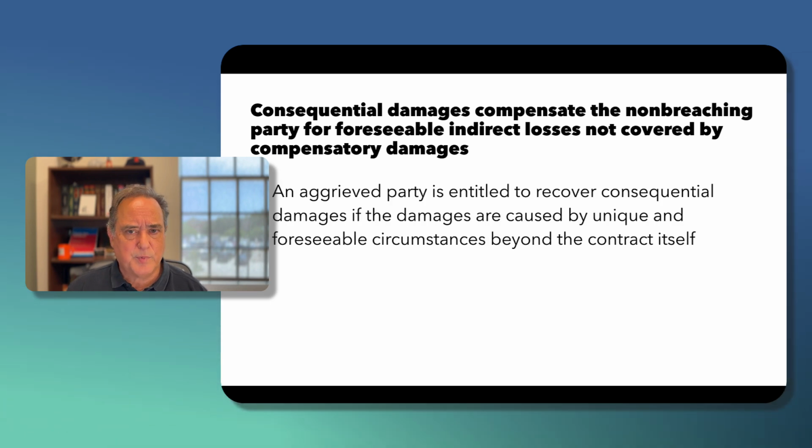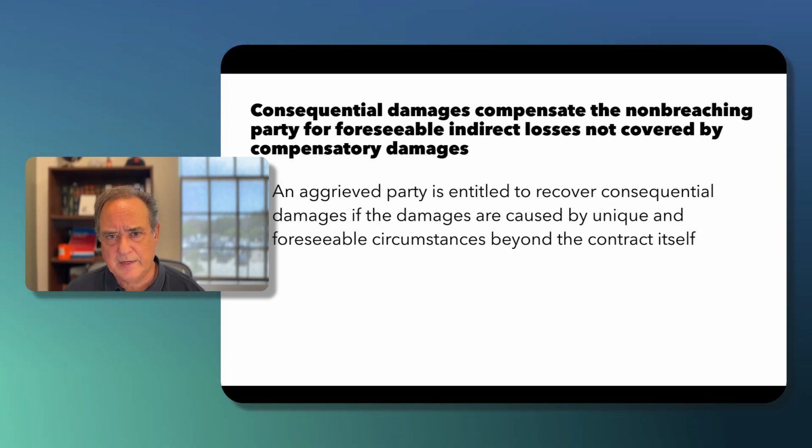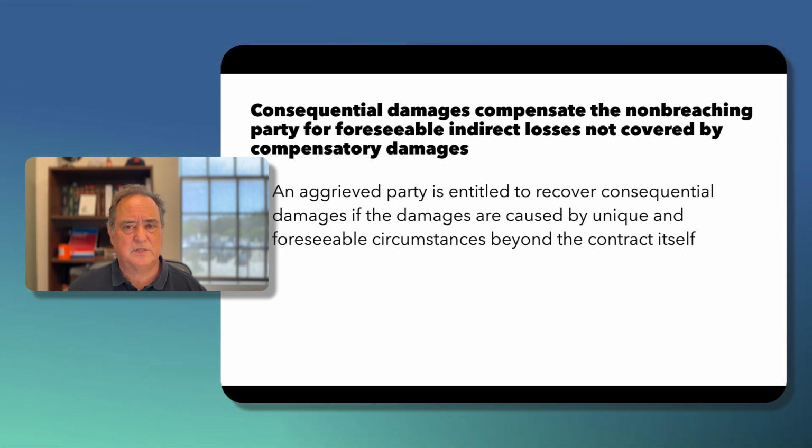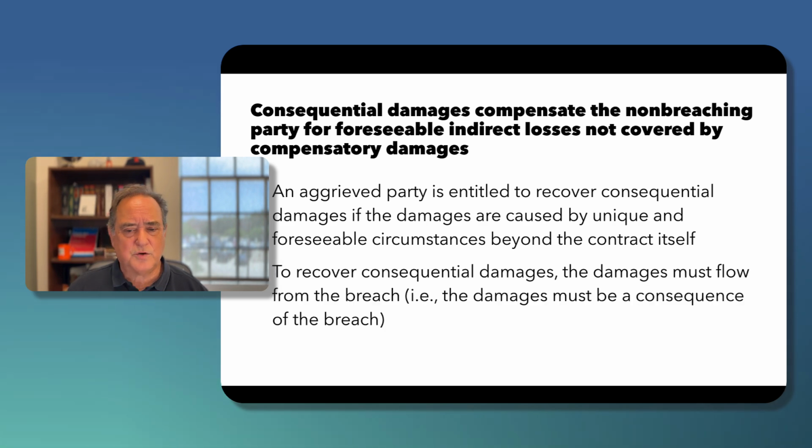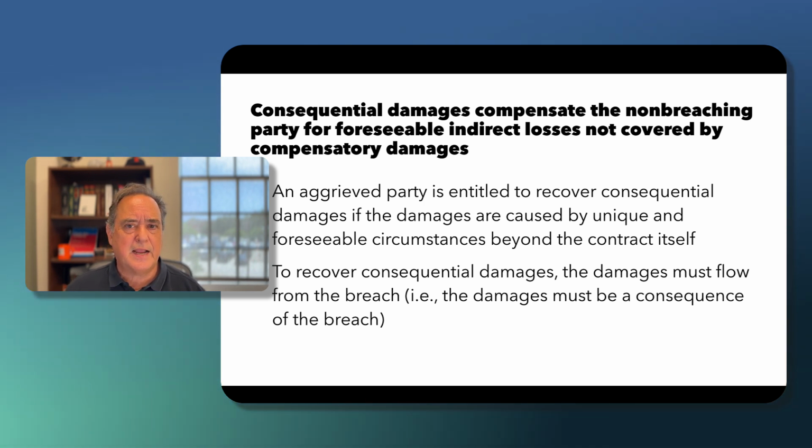So an aggrieved party, the non-breaching party, is entitled to recover consequential damages if the damages are caused by unique and foreseeable circumstances beyond the contract itself. To recover consequential damages, the damages have to flow from the breach, meaning the damages must be a consequence of the breach.